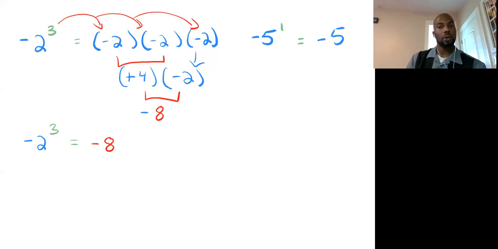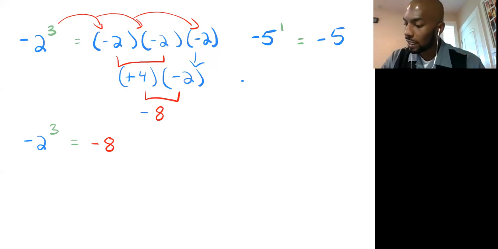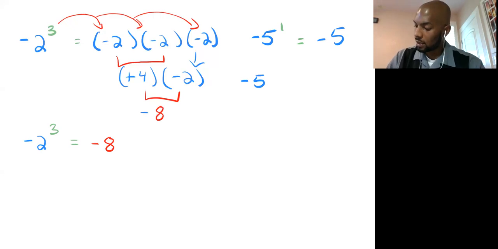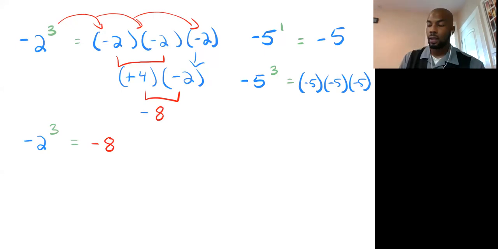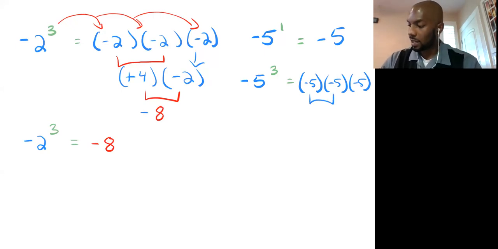Any negative number to an odd number exponent will give you a negative number. Let's try negative 5 to the third power. So it's negative 5 times negative 5 times negative 5. Negative 5 times negative 5 is positive 25.